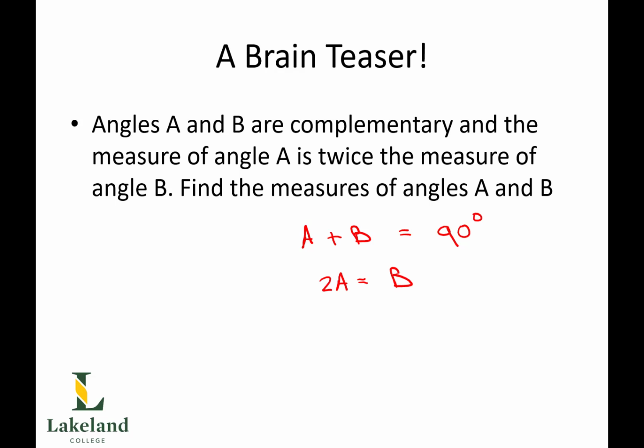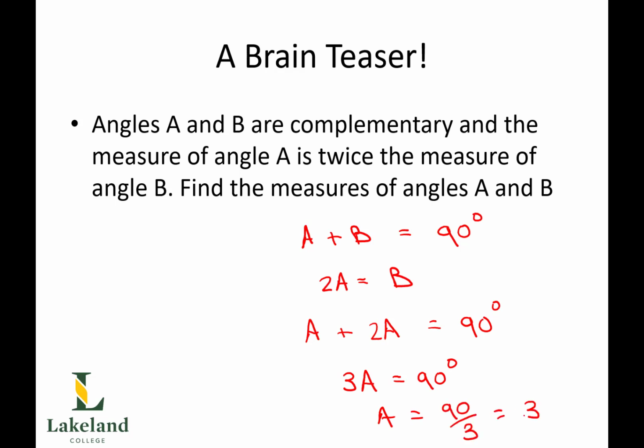Well, what we've got here are two equations. I could substitute the 2A equals B into this first equation, A plus B equals 90, which means I would have A plus 2A, because B is 2A, equals 90 degrees. A plus 2A is 3A, and then by transposition, A would equal 90 divided by 3, which would give us 30 degrees.